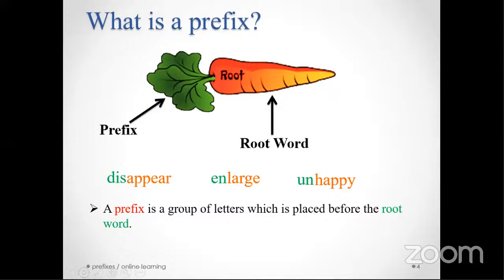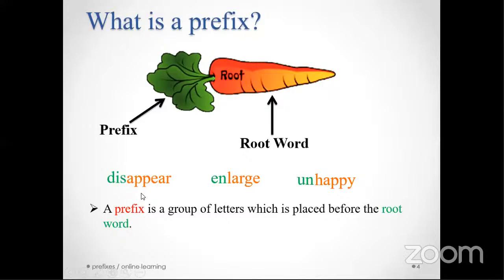You see these groups of letters, dis, en and un. They were placed before the root words, so we call them prefixes.